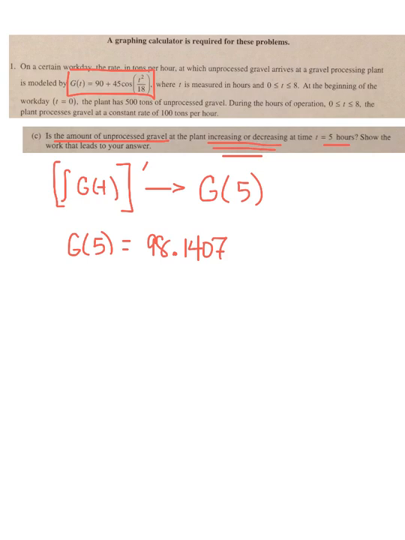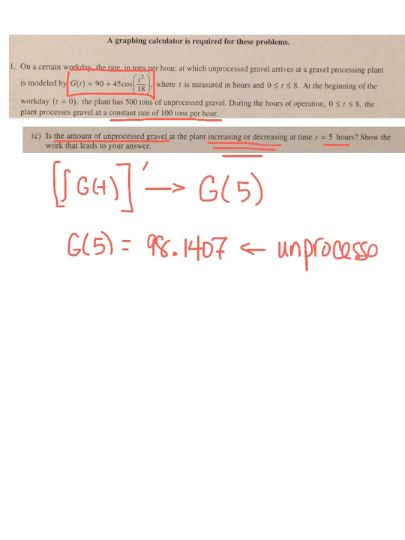Now, let's think about this, because they want to know if that's increasing or decreasing. Well, isn't the rate that it's getting processed 100 tons per hour? So this here represents the rate of unprocessed.